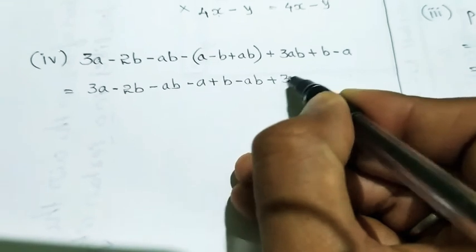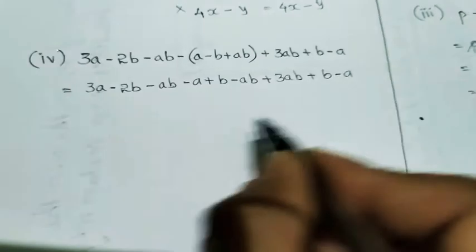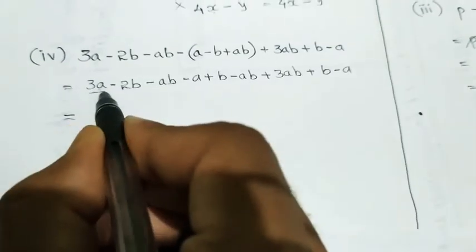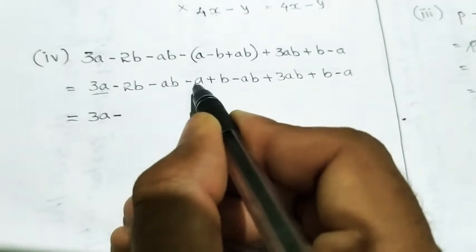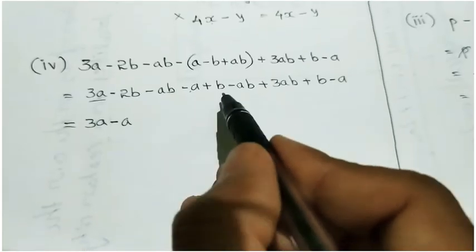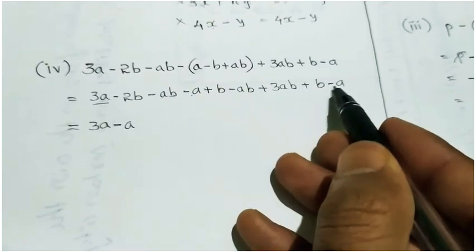Write the like terms. Here 3a is there, so I will write 3a. Next minus, okay, so here minus a and again minus a.